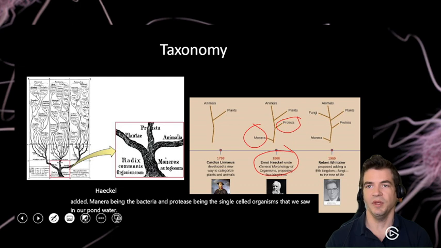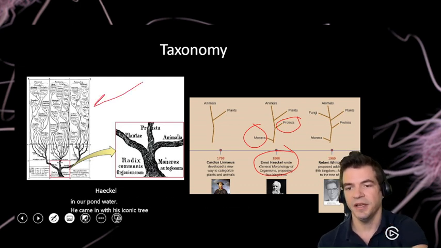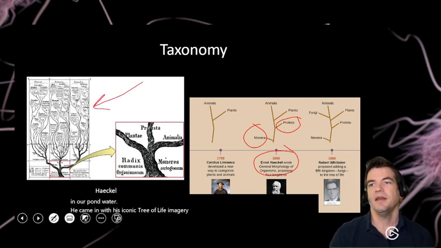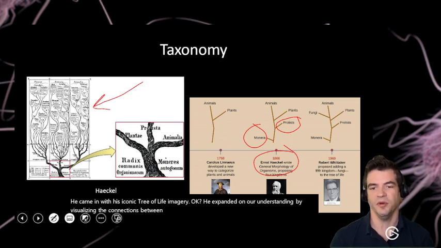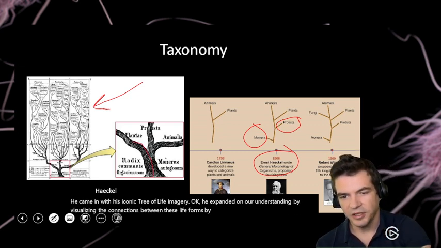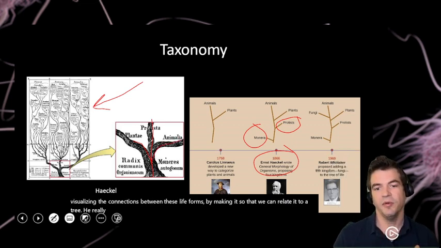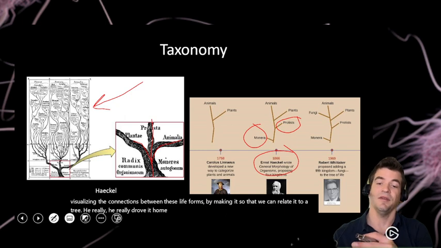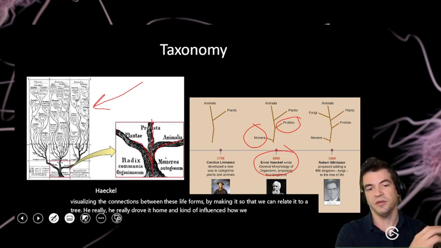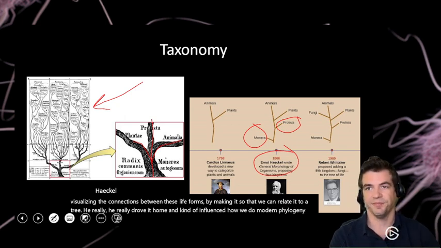He came in with his iconic tree of life imagery. He expanded on our understanding by visualizing the connections between these life forms, by making it so that we can relate it to a tree. He really drove it home and kind of influenced how we do modern phylogeny today.